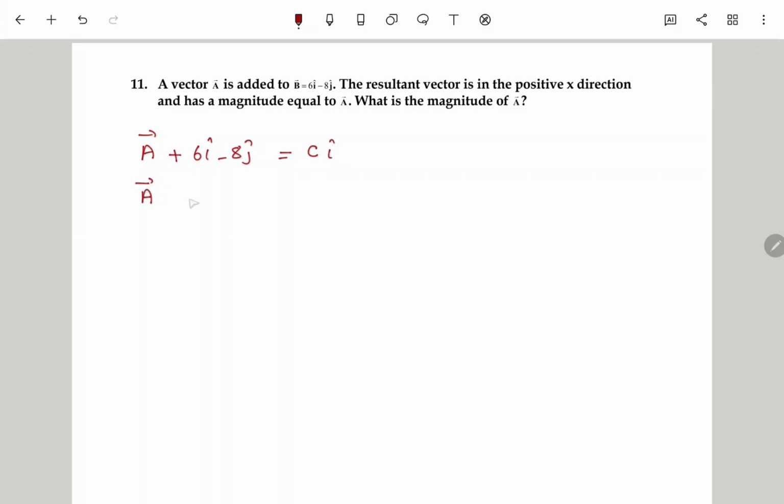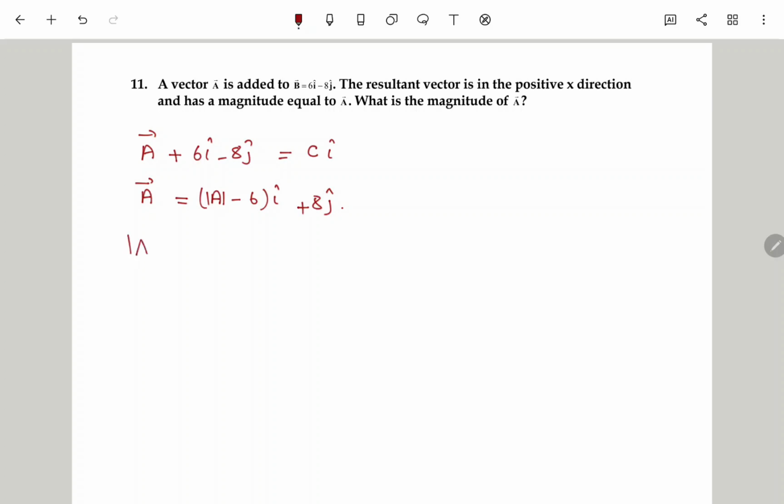Or vector A, because the magnitude of the resultant vector equals A, is A minus 6, this magnitude, i hat plus 8j hat.